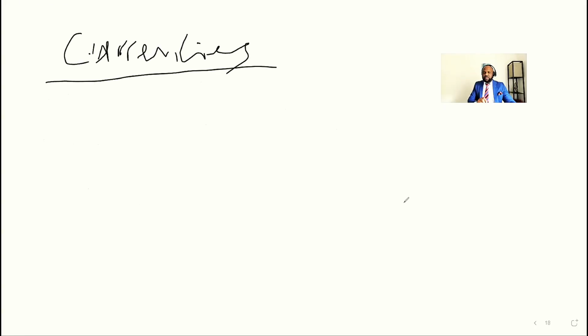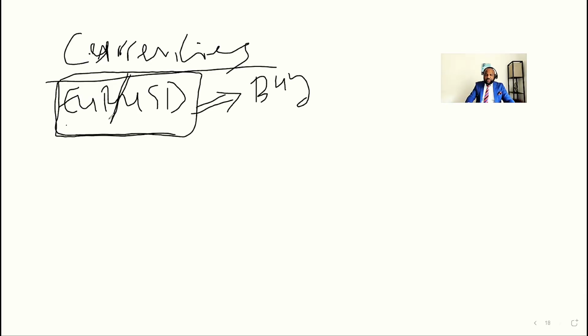Now let's start with currencies. All of them have different ways they measure their volumes, okay? For currencies, let's say I'm trading EURUSD. You are buying the base. Any currency that is at the base is what you're buying. Is that okay? Just a reminder. So if I say I'm buying EURUSD, essentially what I'm buying is euro. The USD there serves as the money that I will use to go and buy that euro.